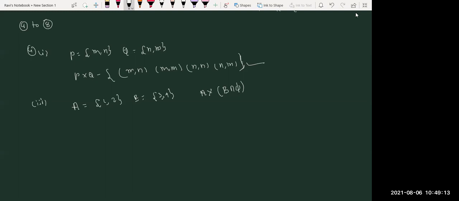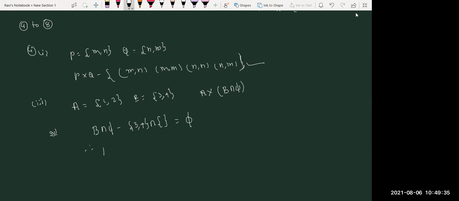Yes, sir. Generally, B intersection 5 means 3, 4 intersection null set. What are the common elements here? Null set, sir. There is no common element, correct? Yes, sir.